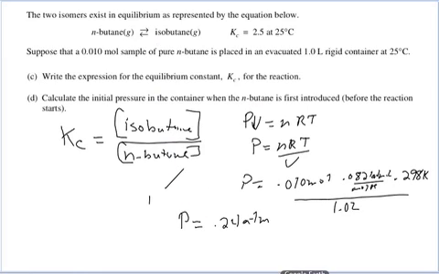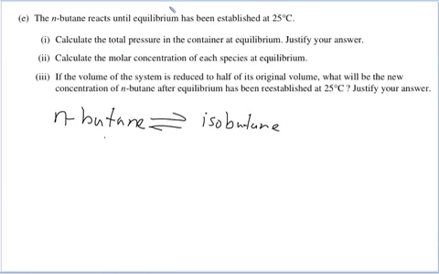Now let's go on to the next page. The N-butane reacts until equilibrium has been established. Calculate the total pressure in the container at equilibrium. Justify your answer.